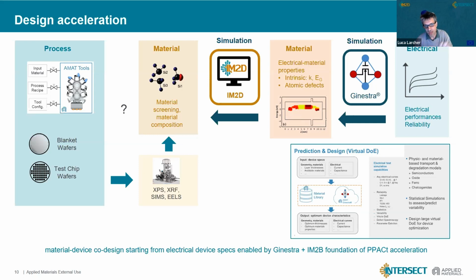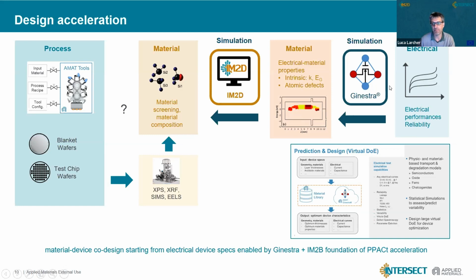Once we have that, we can use Ginestra to identify which material properties, and which combination of different material properties and different stacks, allow us to achieve that. And once we have that, we can understand which are, in principle, the compositions of the materials which satisfy the performances that are consistent with the electrical results.